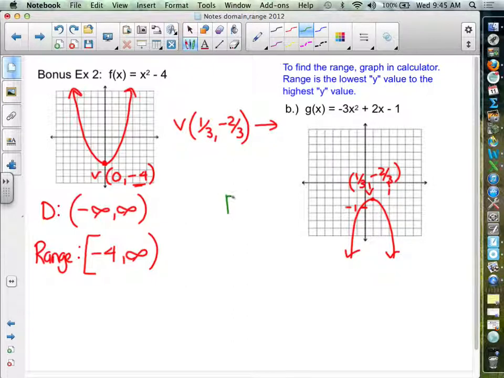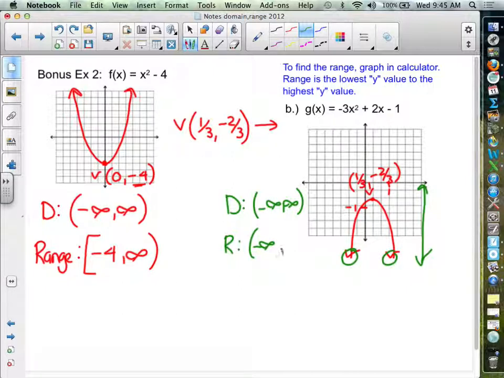So for this one, then my domain, I can put any value I want in for x. So again, it's all real numbers. And my range, the lowest value, so I've got to work bottom to top for this one. So the bottom number would be -infinity. The tails keep going on forever.